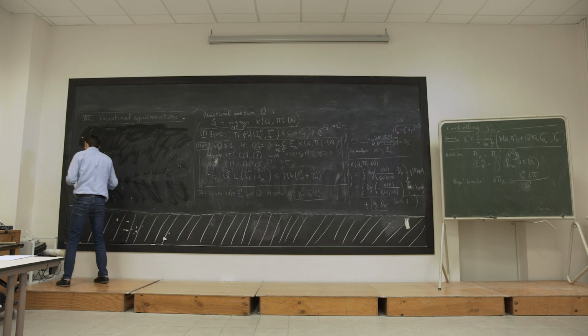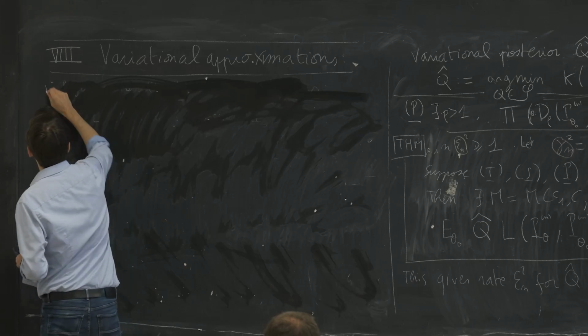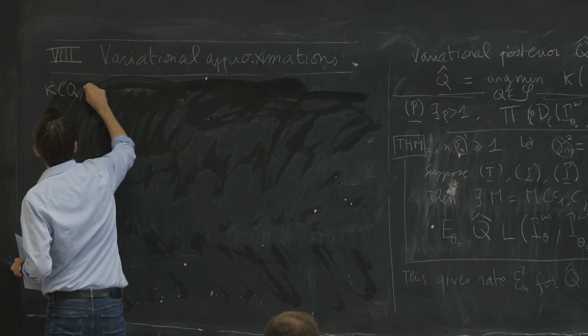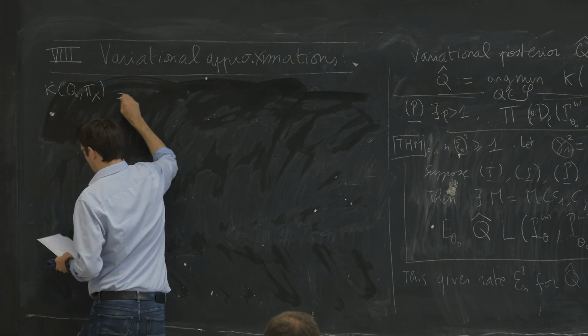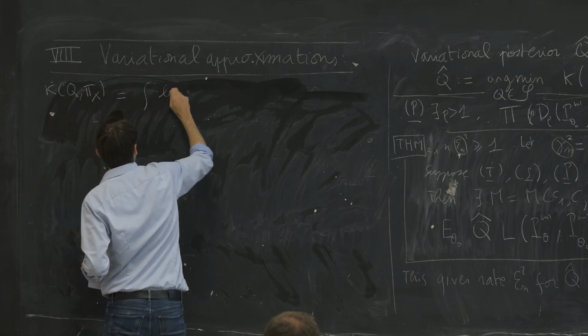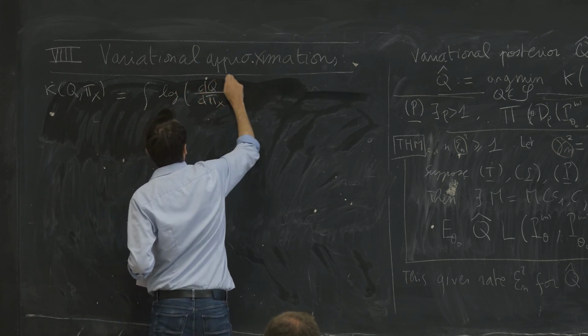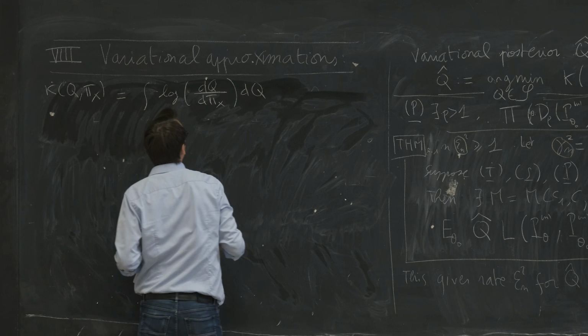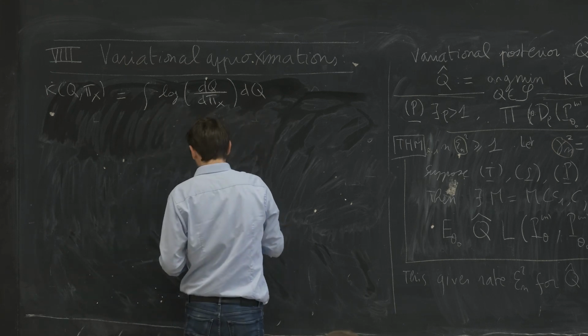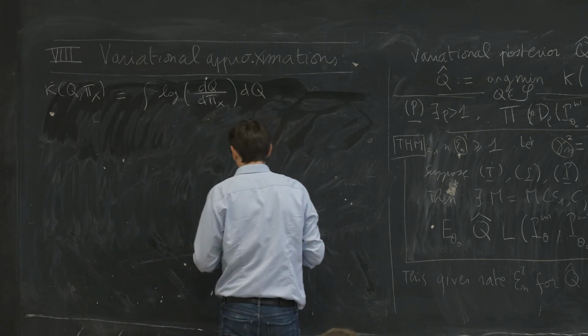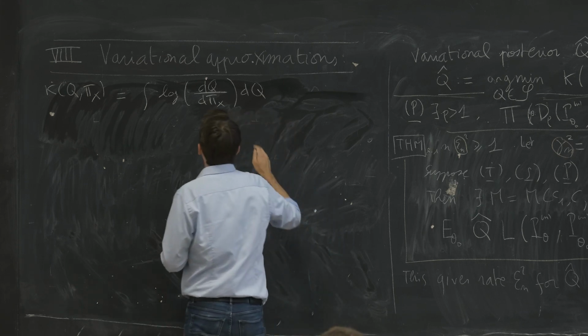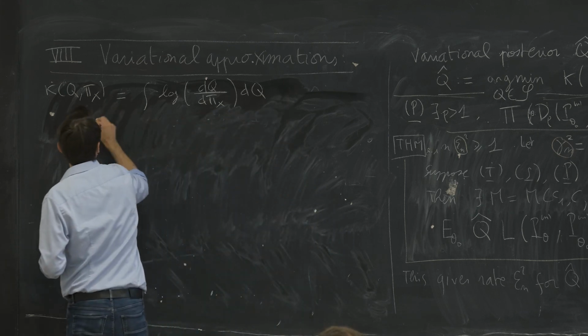Okay, so the Kullback-Leibler divergence between Q and pi x. Let me just write it, by definition, as dq over d pi x, and d pi x itself I write separated in two bits.